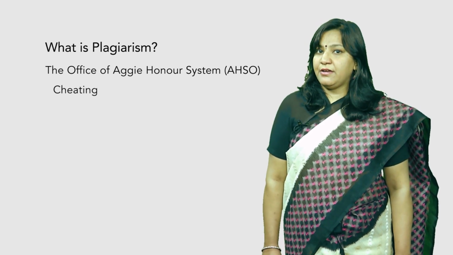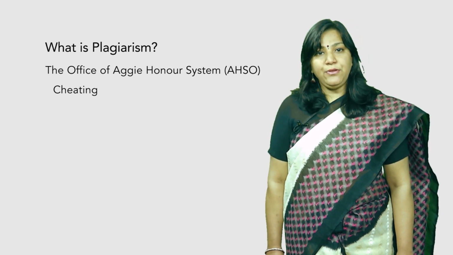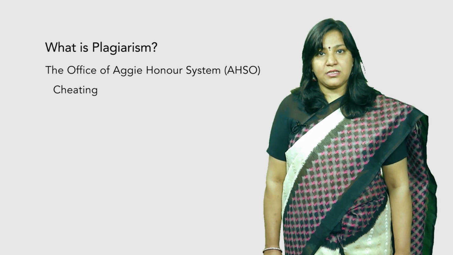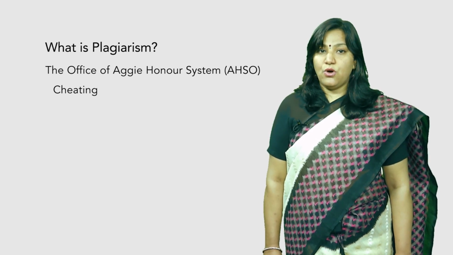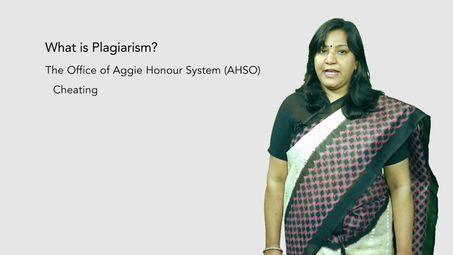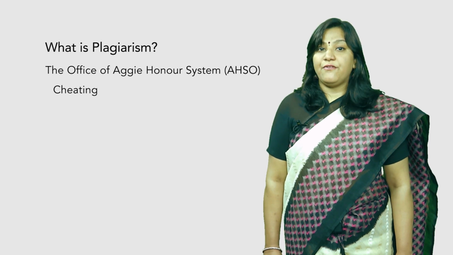Viewers, cheating: when a researcher deliberately uses or attempts to use legitimate information, assignments, study materials, notes, or other literary devices of academic or scholarly writing of someone else, they are considered to commit academic cheating.